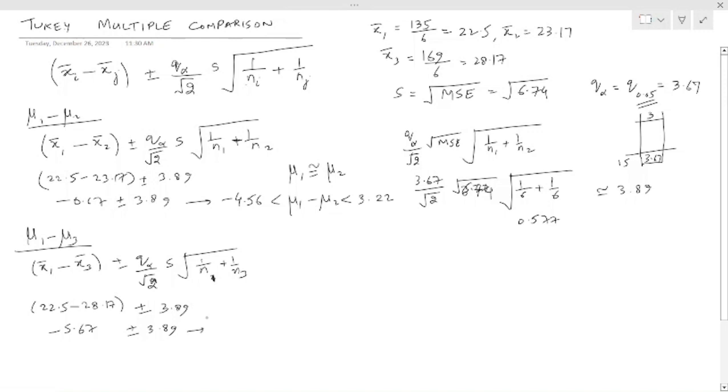This again would give us the two bounds for the difference between two population means as minus 5.67 and minus 3.89.